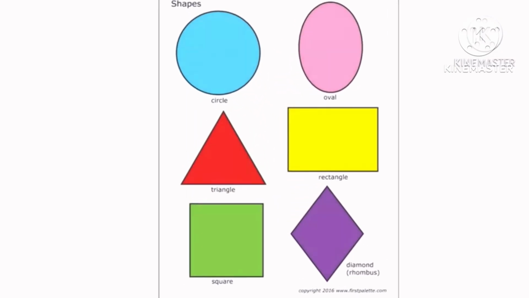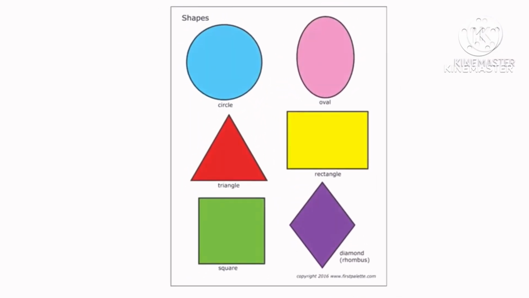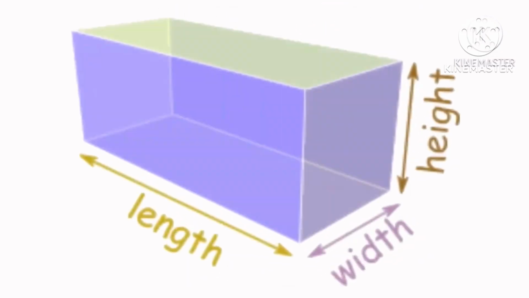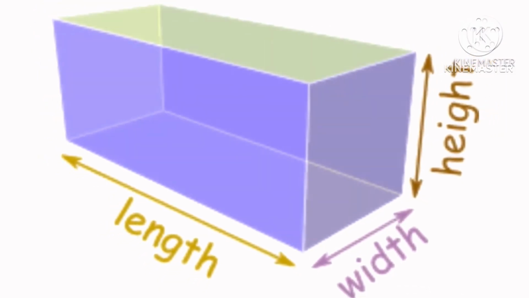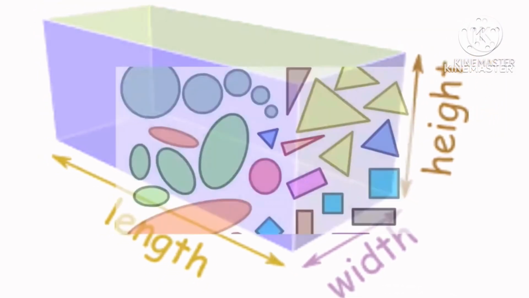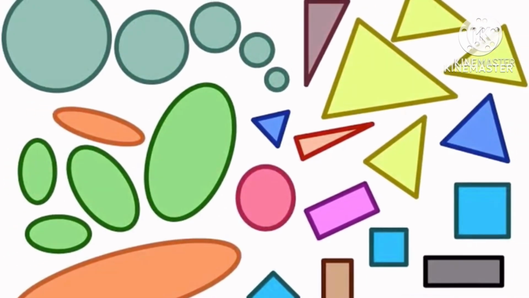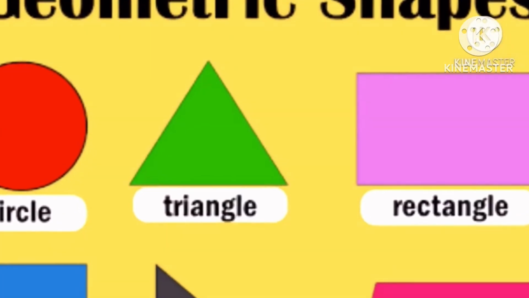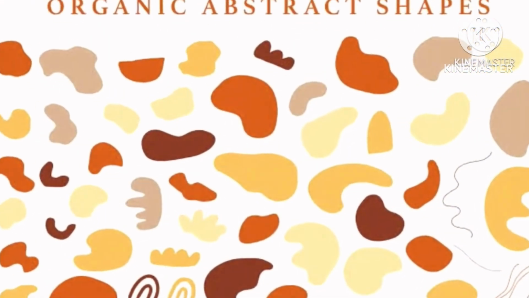Shapes are enclosed in 2-dimensional space. That means length and width. They are always flat. There are countless shapes that we can divide into 2 main categories: geometric shapes and organic shapes.